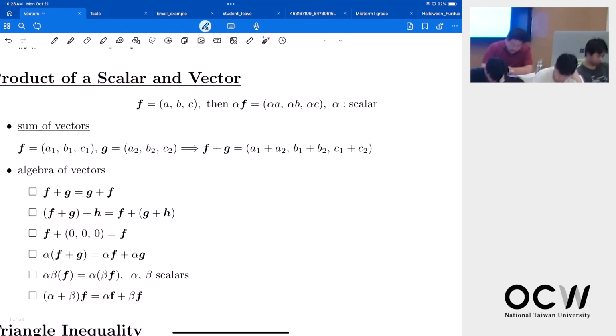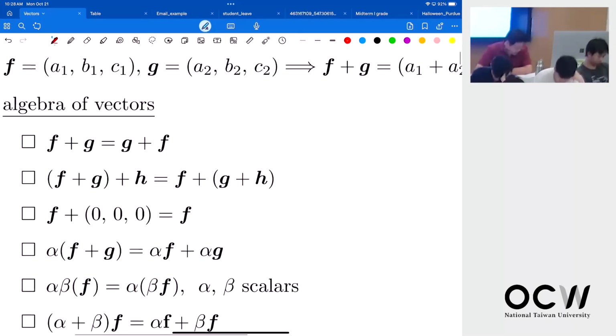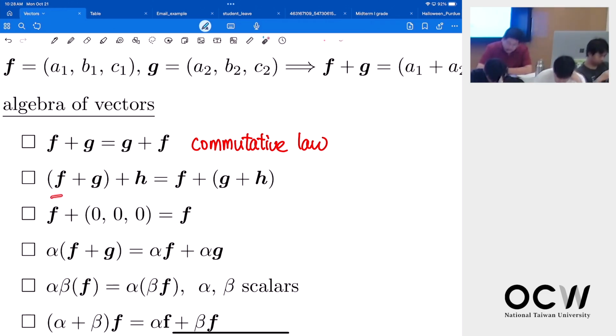Here is the algebra of vectors. If I have two vectors doing the sum, if I switch the order, it is still the same. This is called the commutative law, so they can commute. The second one, if I have three vectors, I can either take the first two to sum first, or the last two.